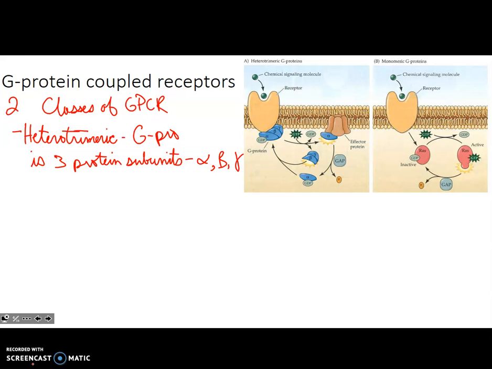And alpha typically associates with a GDP or GTP. This is where the G in G protein comes from. Associates with GDP, right? You know ADP and ATP. GDP and GTP are similar, right? So if you think about the structure of ATP, it's adenosine triphosphate, right?